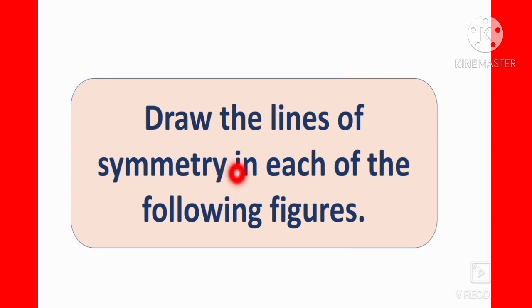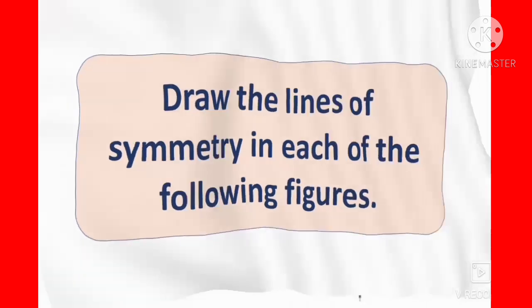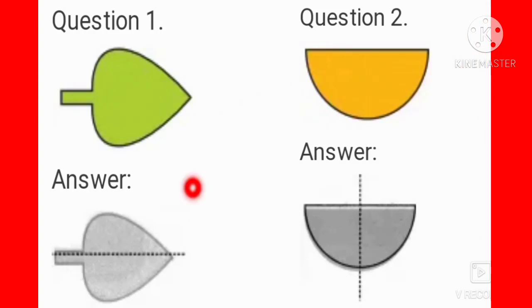Draw the lines of symmetry in each of the following figures. So children, see in the first question, there is a figure, a leaf. We can draw only one line of symmetry to make the figure into two equal parts. And what about the second figure?